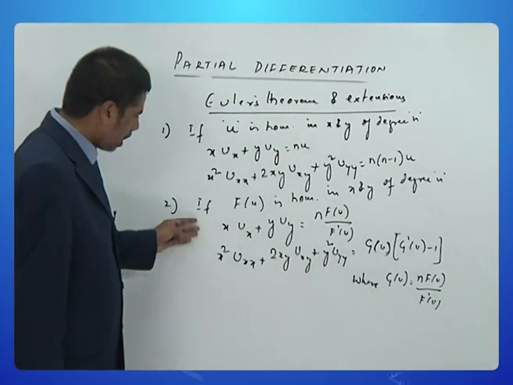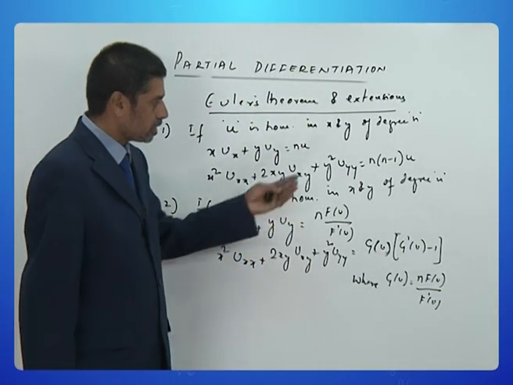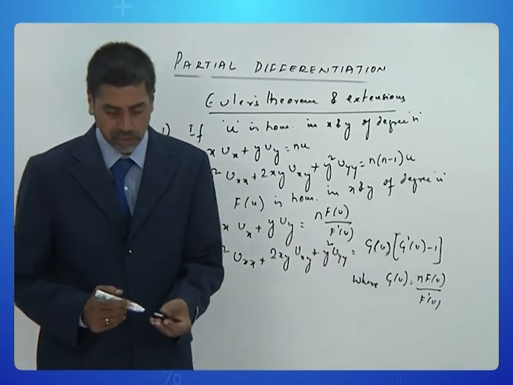So these are the two extensions of Euler's theorem, and let us see some problems based on these very important results.